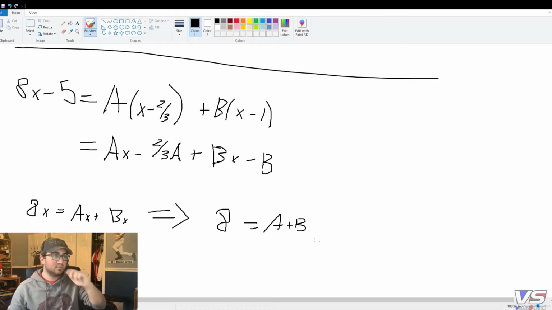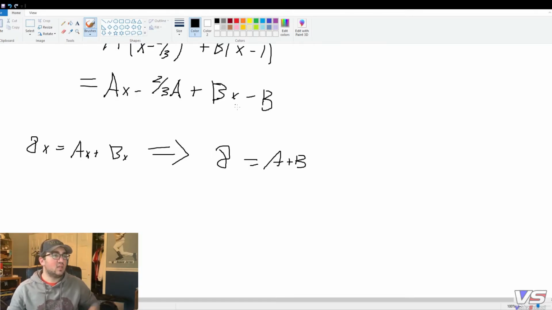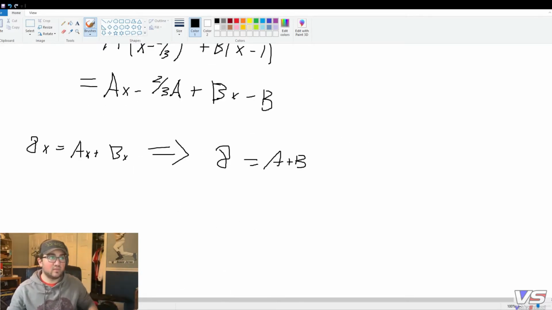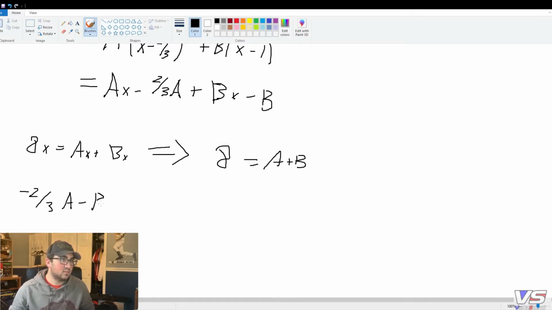Easy enough. Now, what we want to take is this other piece of information, the negative 2/3a and the negative b equaling what's left, the negative 5. Negative 2/3a minus b equals negative 5.